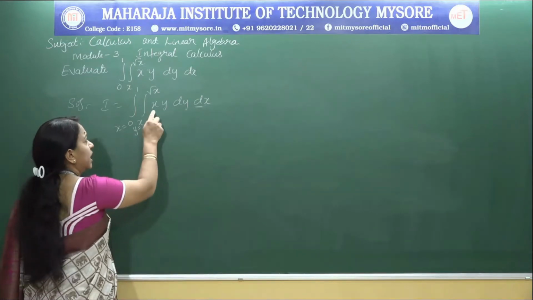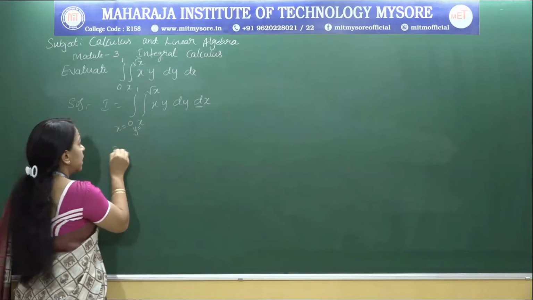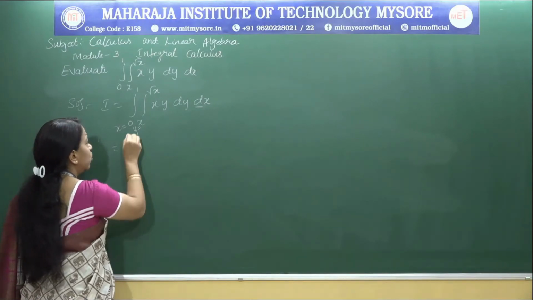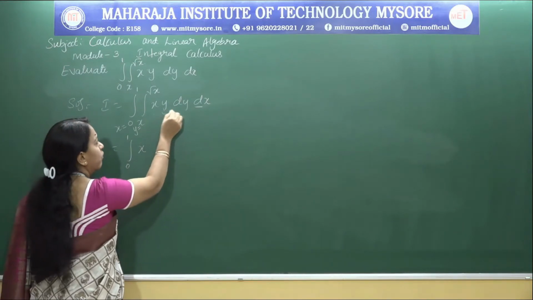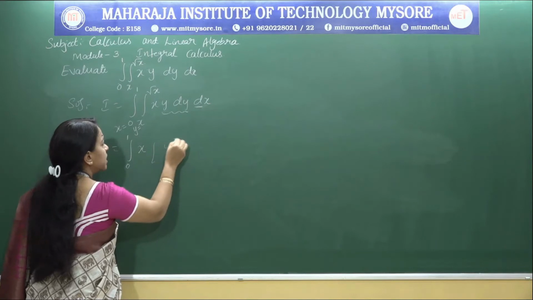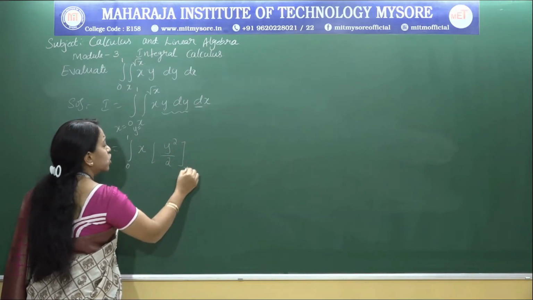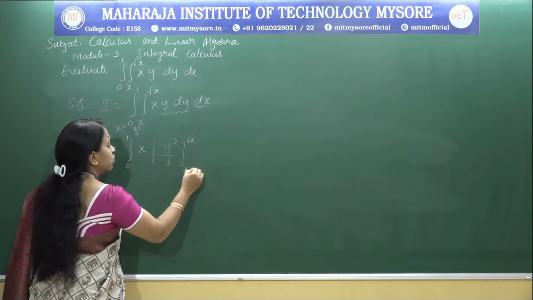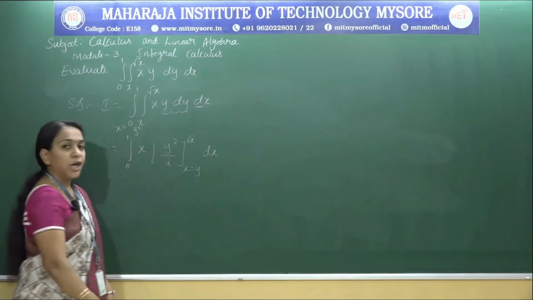Now keeping x constant, integrate with respect to y, that is integral 0 to 1, x is considered as constant, integral of y with respect to y is nothing but y square by 2 between the limits x to root x. So y varies from x to root x.